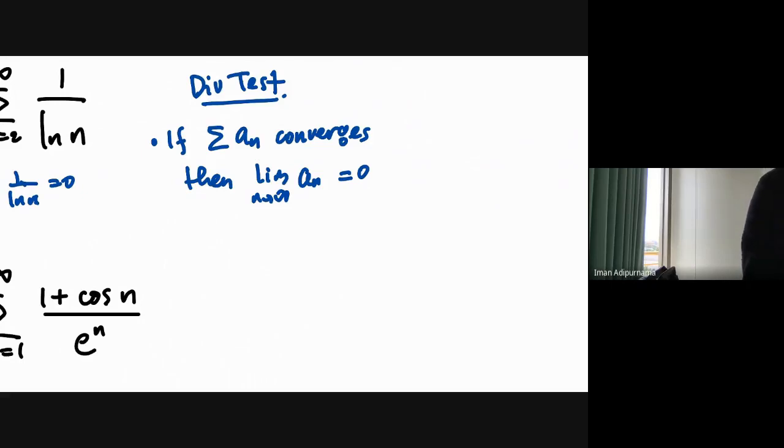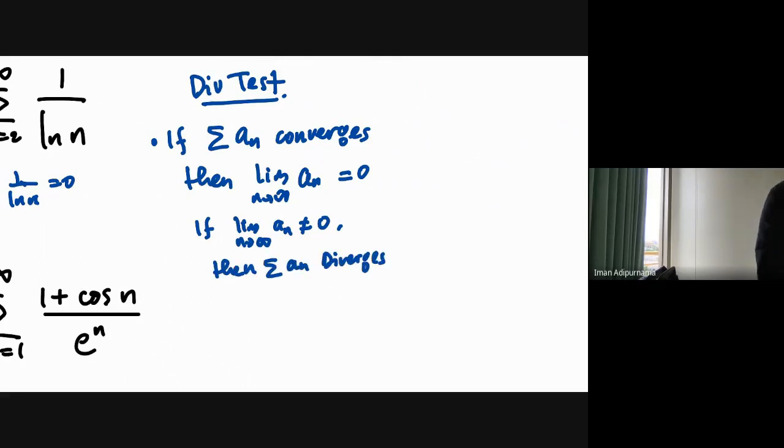It's not that if the limit is 0, the series converges. It's not like that. So you need to start with: if the series converges, then the limit is 0. Okay, and if the limit is not 0, then it's divergent. So it's quite tricky in words.